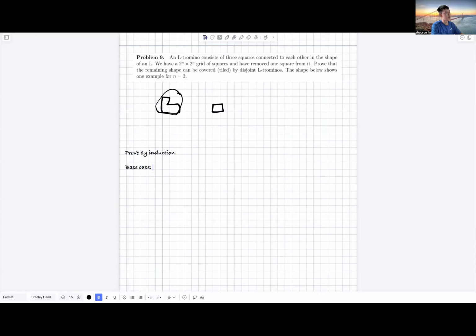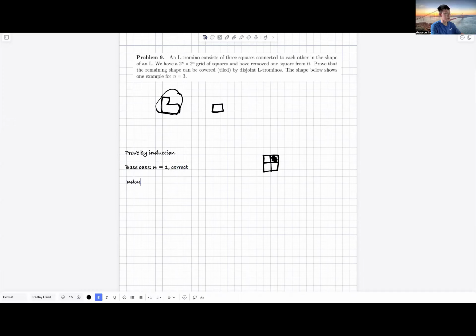Base case n equals 1, we have a 2 times 2 grid, right? And we remove 1 square. It is exactly an L-tromino. So the base case is correct.